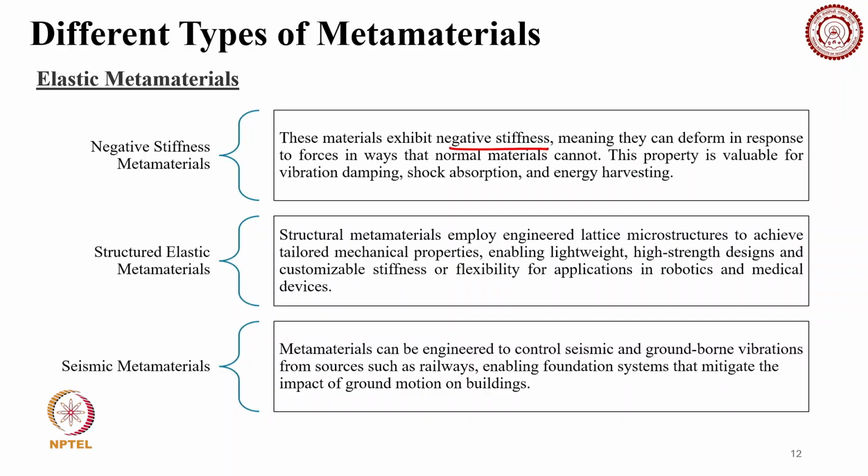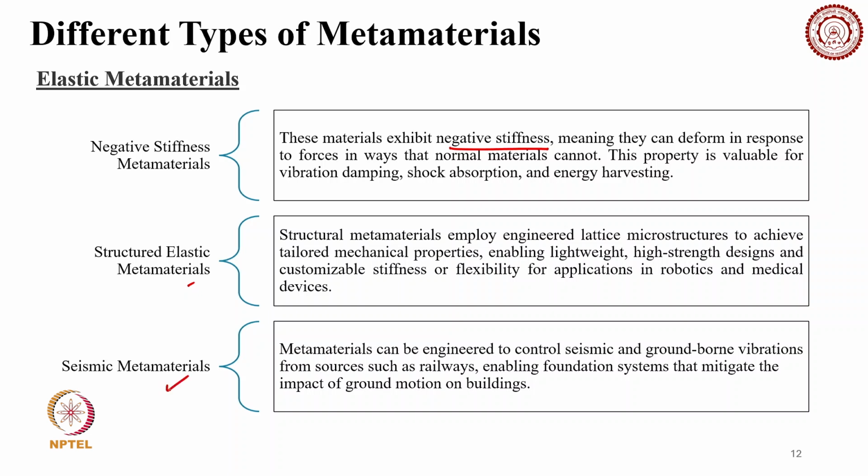Once we apply a force, we can see that its response is quite different at those frequencies. Then structured elastic metamaterial employs an engineered lattice microstructure to achieve tailored mechanical properties, enabling lightweight, high-strength design and customizable stiffness and flexibility.